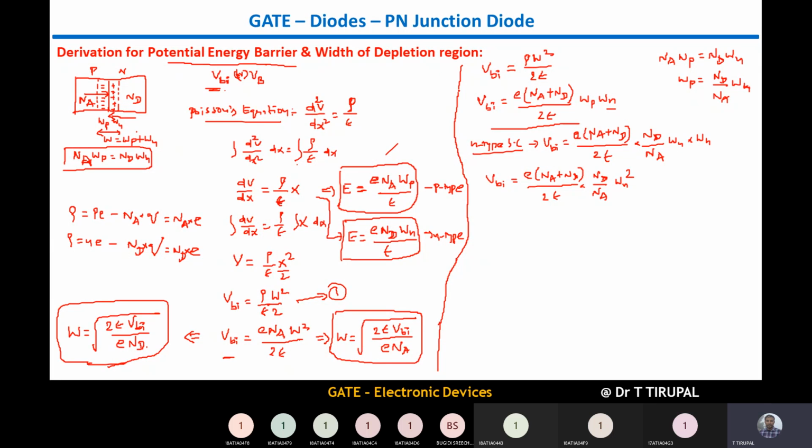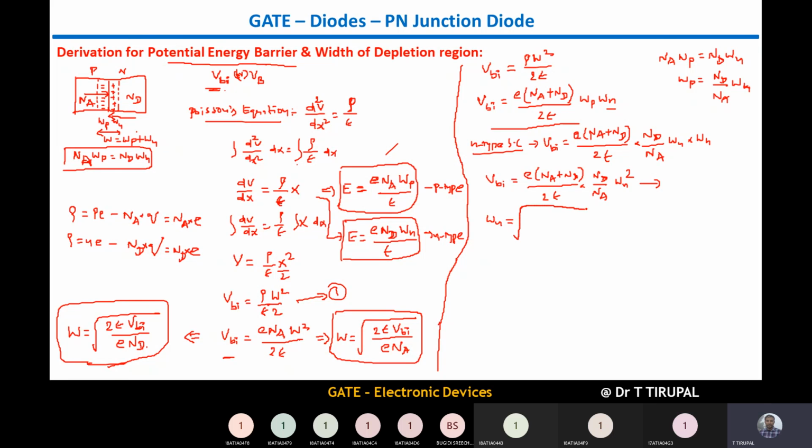So what we want actually is the width of depletion region towards the n side, Wn. So what is the width of depletion region now? Wn is equal to how much? What do you get here?